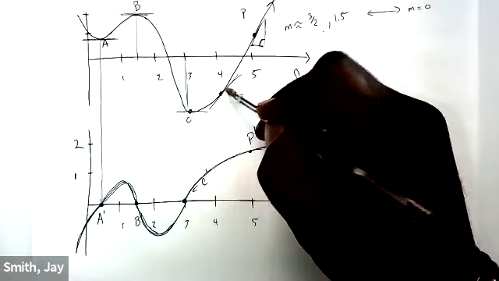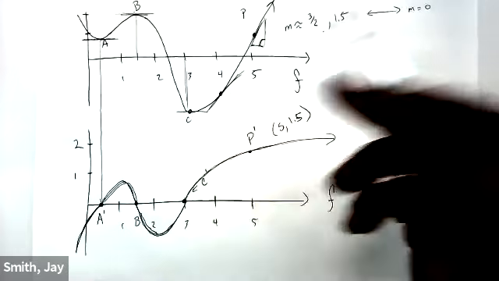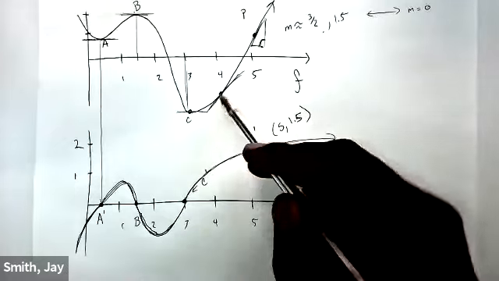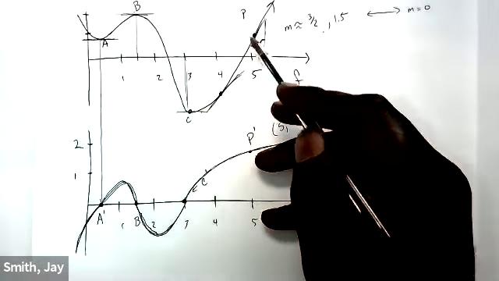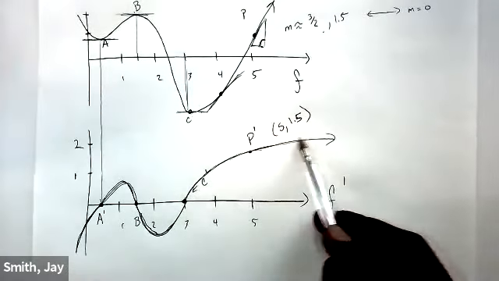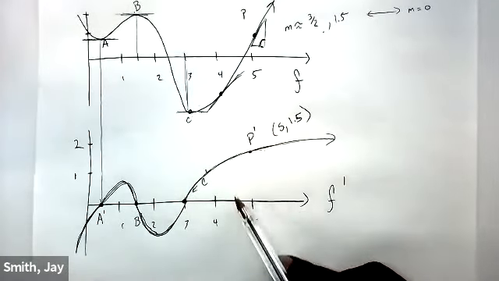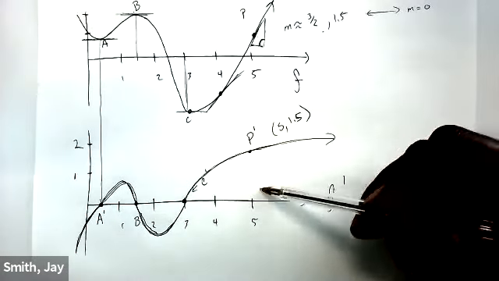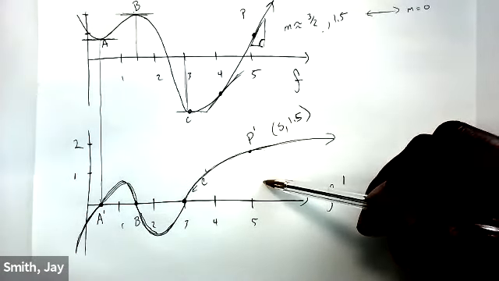Is the slope of this line positive or negative? Positive, because if you're looking at it from left to right, moving up the page, the slope is positive. And this is true for every single point in between c and P, which means that every single point in between c prime and P prime has to be above the x-axis, because that's where all the positive y values lie, which is the slope of the tangent line for the original function.